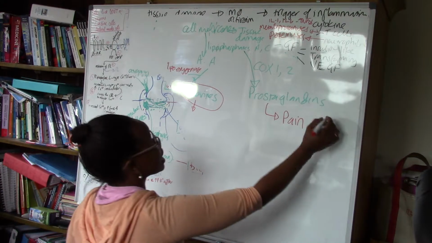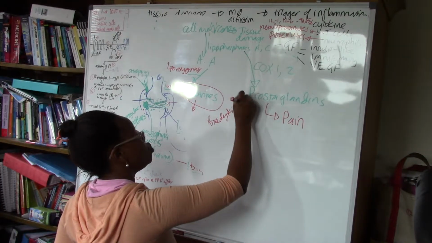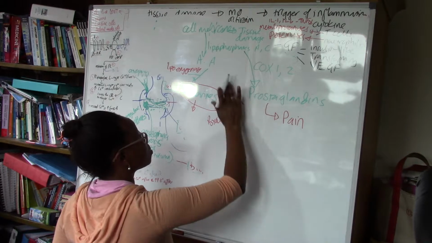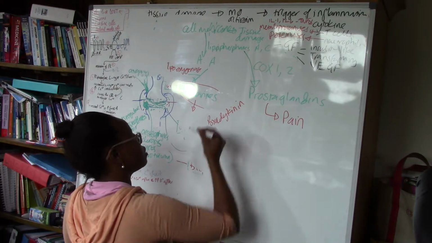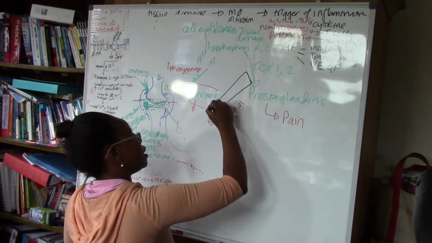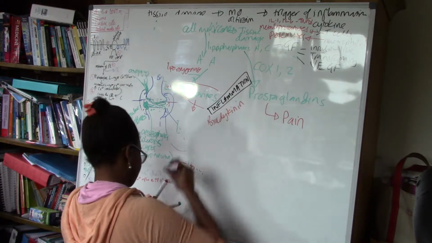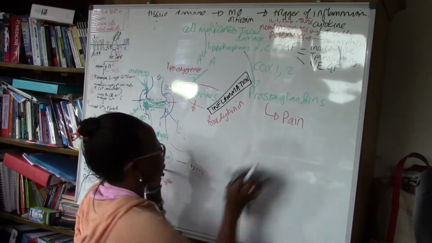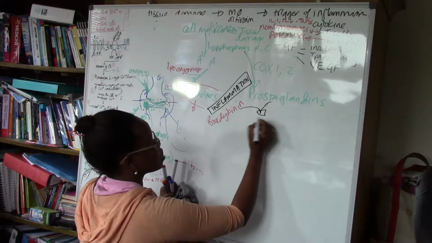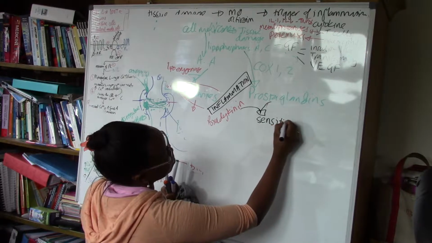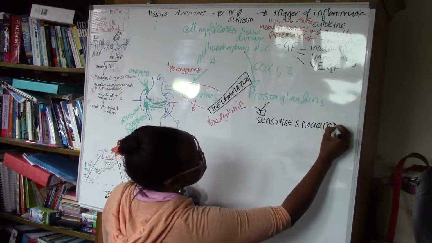So when we have prostaglandins and also bradykinin due to that inflammation, so here we can just really have some underlying inflammation, which causes increases, sensitizes nociceptors.